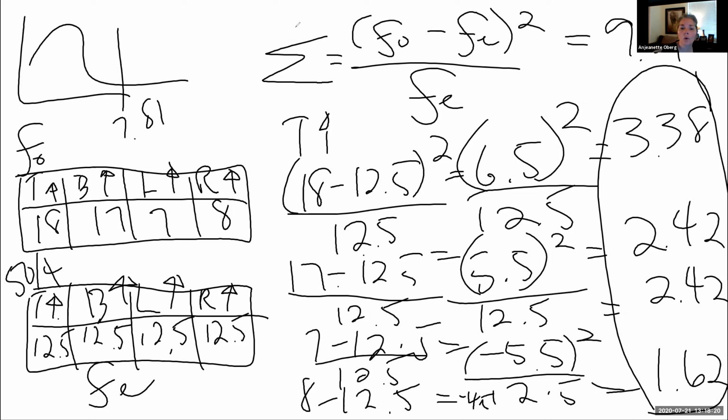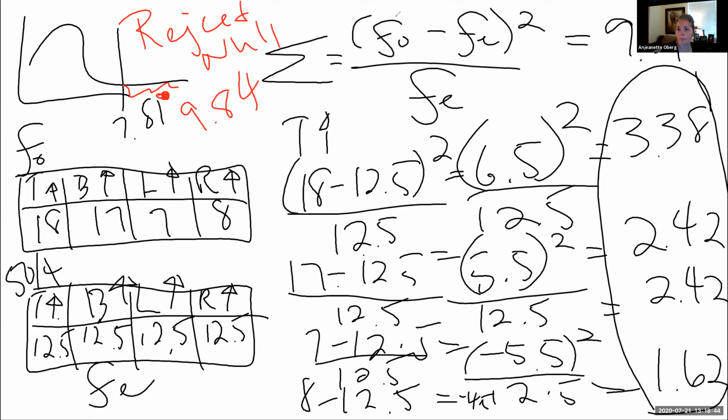So then when I go over here and I plot it, it's going to be probably over here somewhere, which means it's in the critical region. So I reject the null. And I say there was, in fact, a significant difference or a significant preference in orientation for wall hanging.